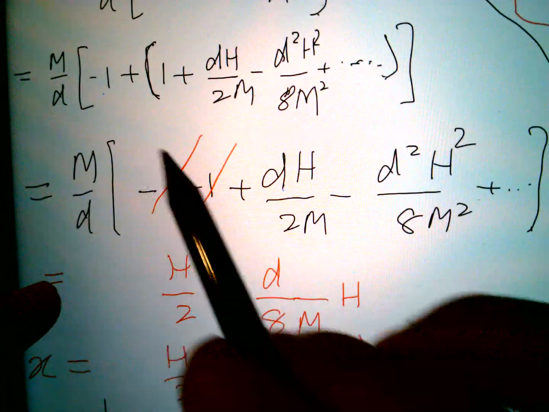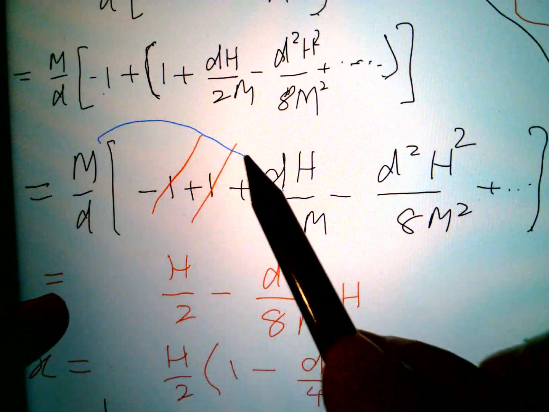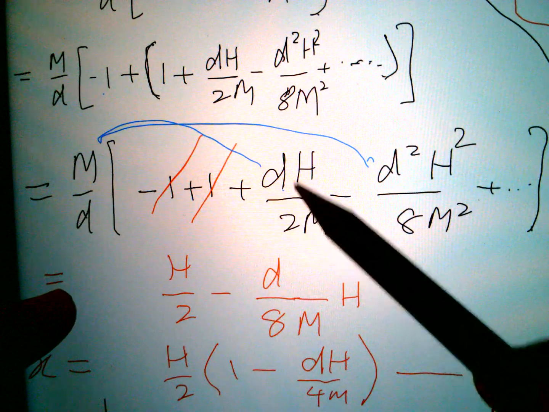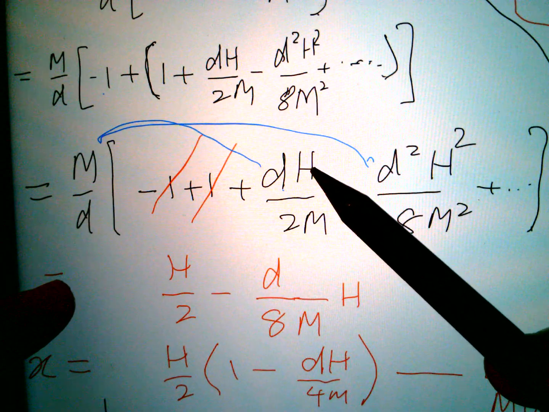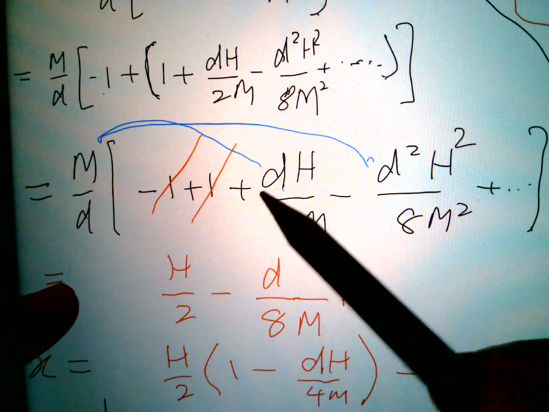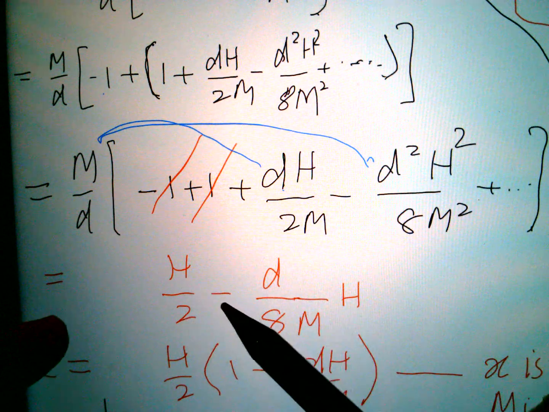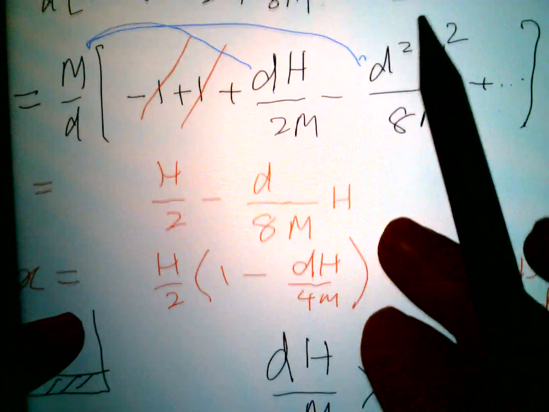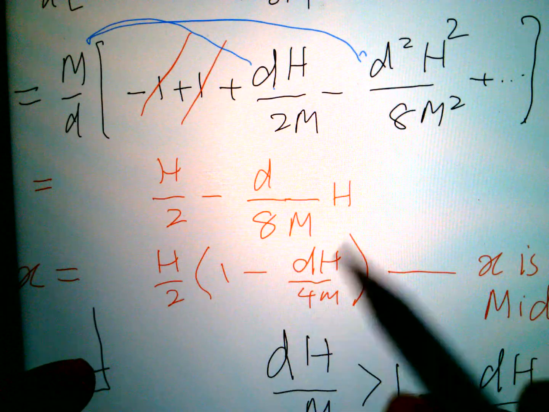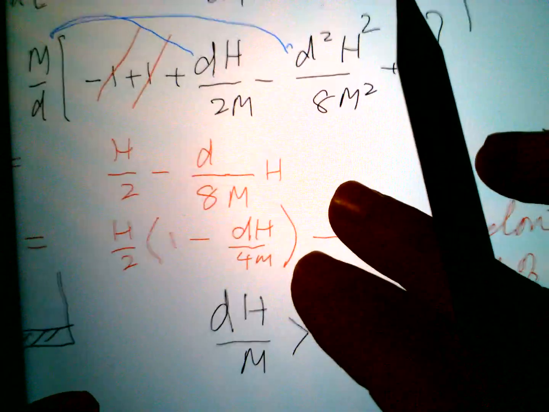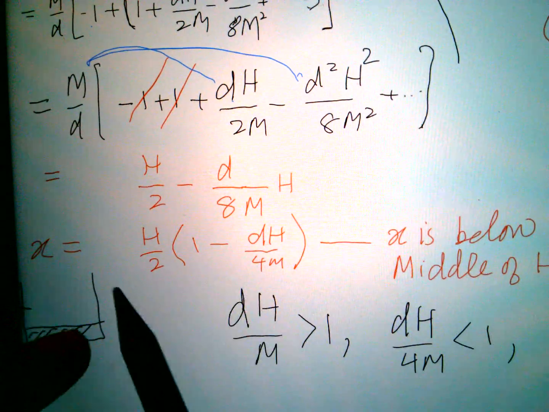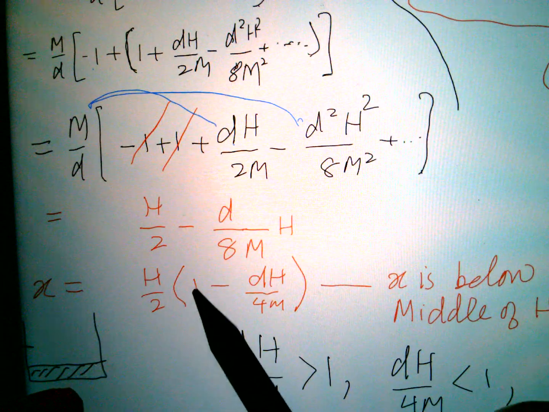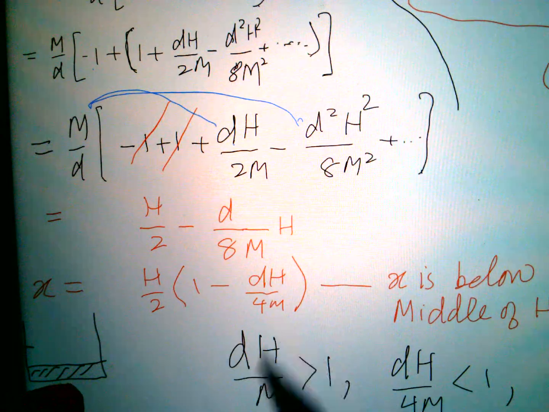Multiplying, m cancels, d cancels, so h over 2 minus dh over 8m, h over 2 common, so x is equal to h by 2 times 1 minus dh by 4m.